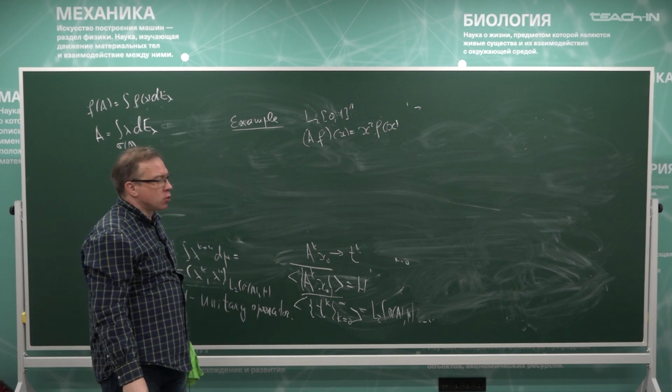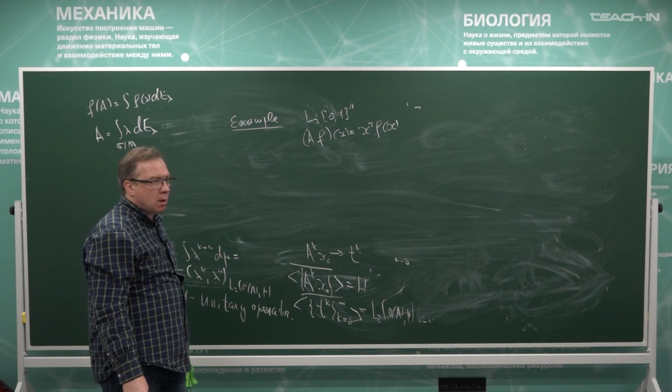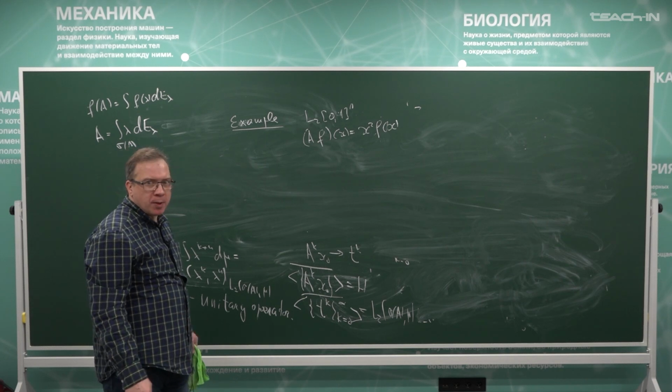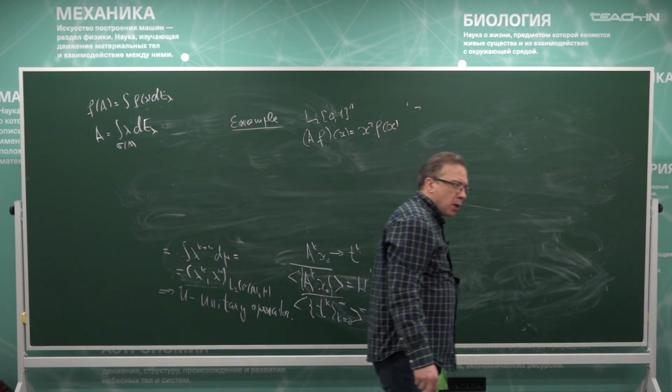Let's consider such a self-adjoint operator. It is not multiplication by the independent variable. Yes, it is multiplication by x square.